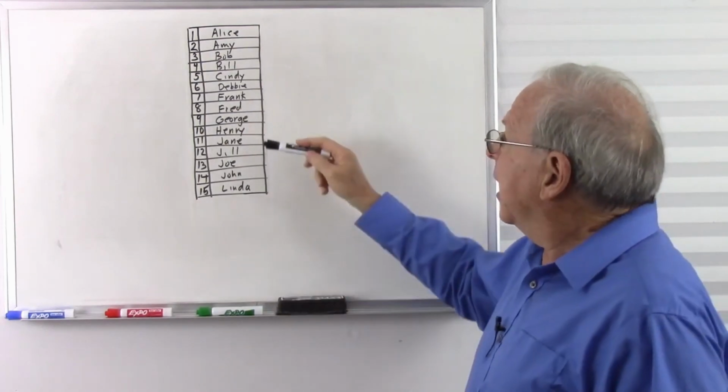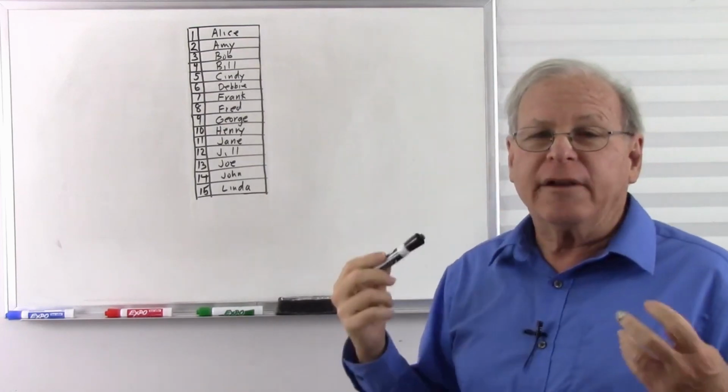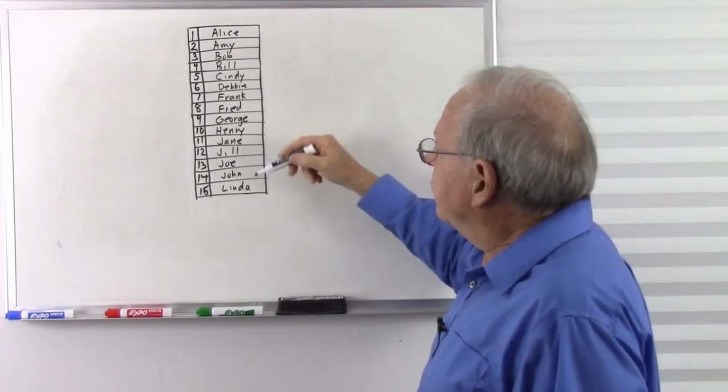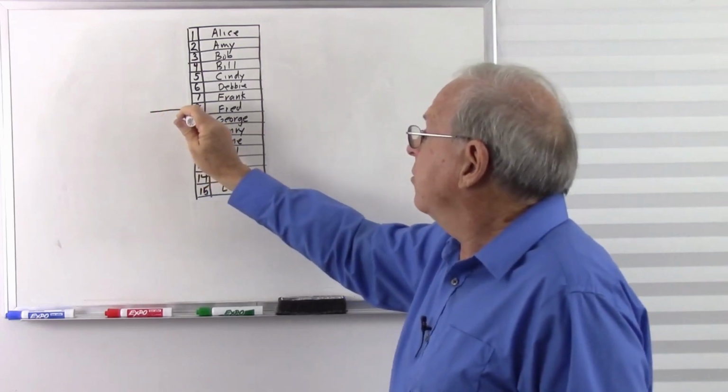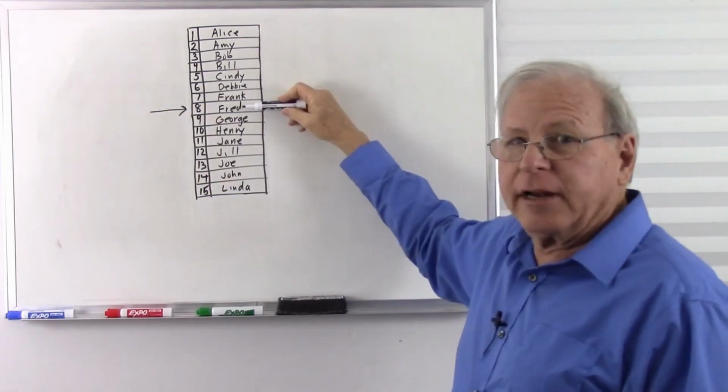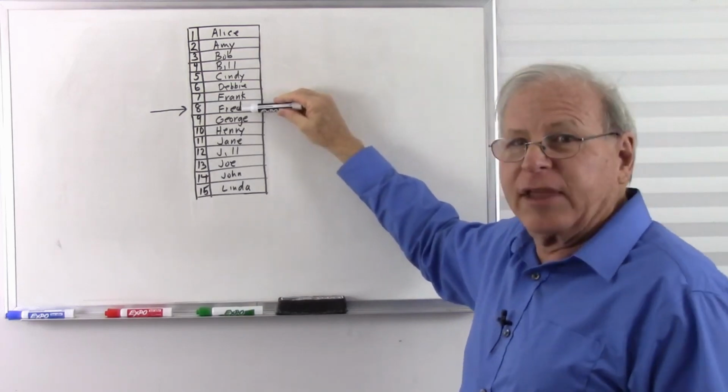But by alphabetizing it, we can now do a divide and conquer search. When we do our search, instead of starting at the top, let's start in the middle. So let's go straight to piece of data number 8 and check that one. Is that Linda?